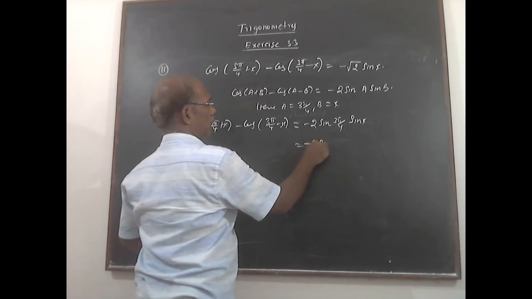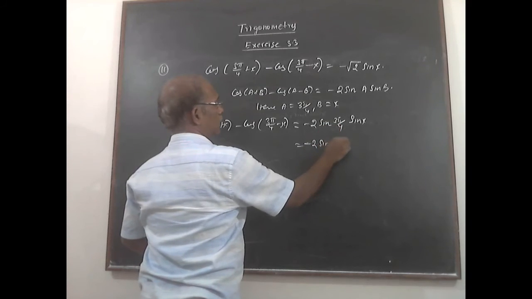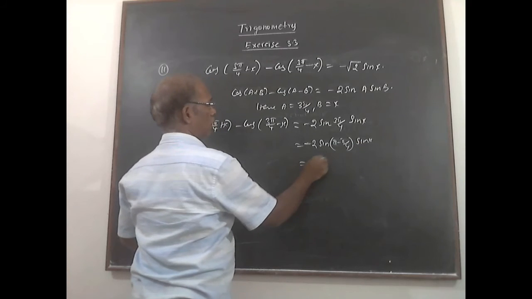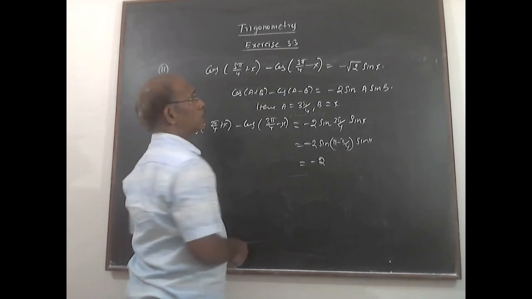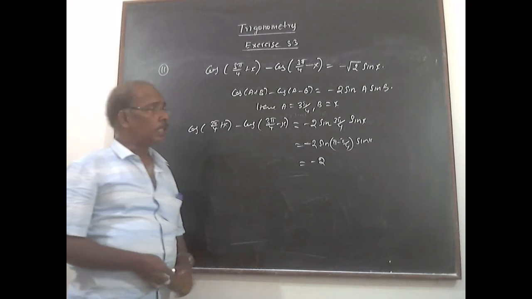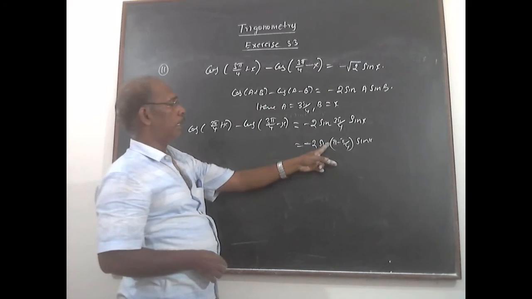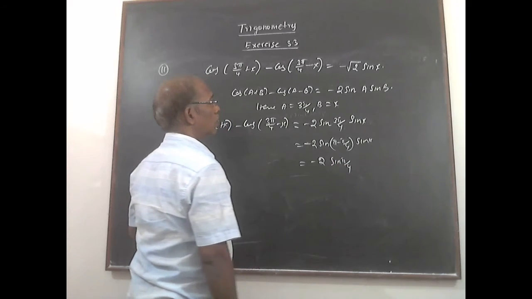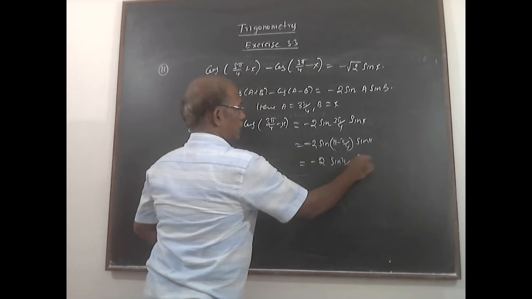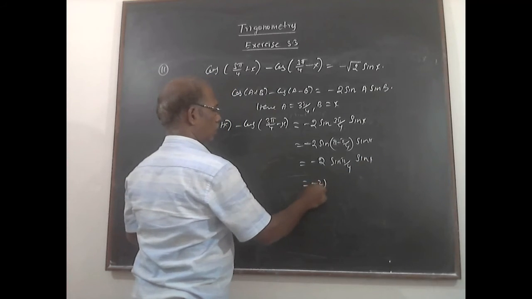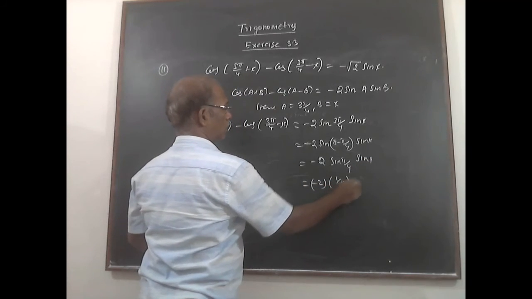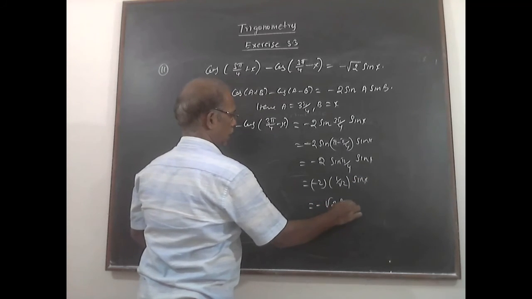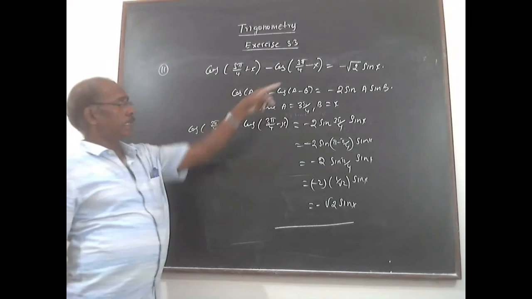Minus 2 sin of pi minus pi by 4 into sin x. Pi minus pi by 4 is in the second quadrant, where sine is positive, so allied angle pi, this is sin pi by 4 into sin x. So minus 2 into 1 by root of 2 into sin x. On simplification, minus root of 2 sin x. So this is the expected answer.